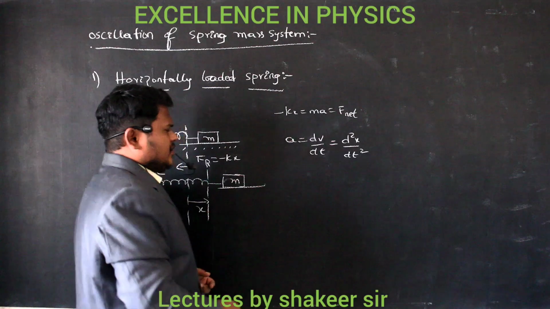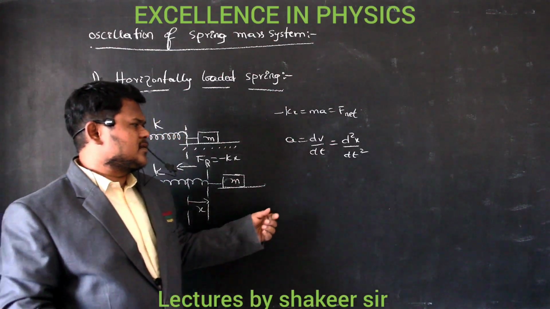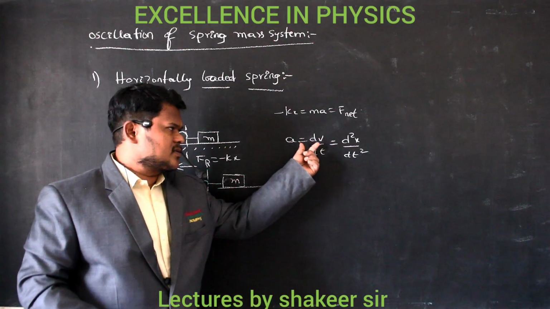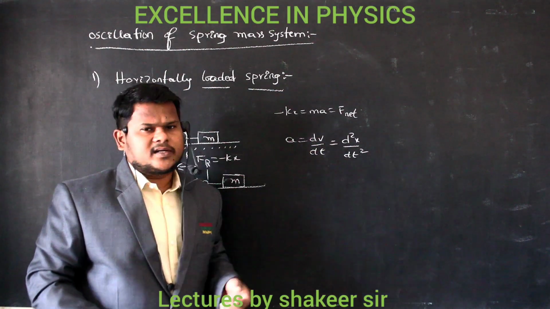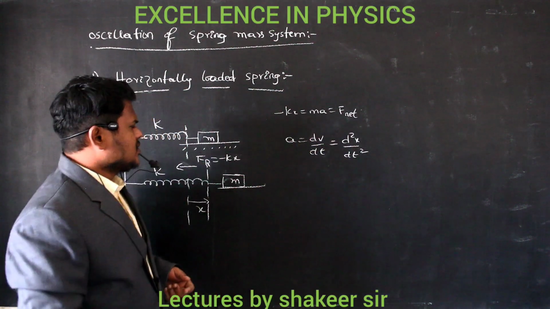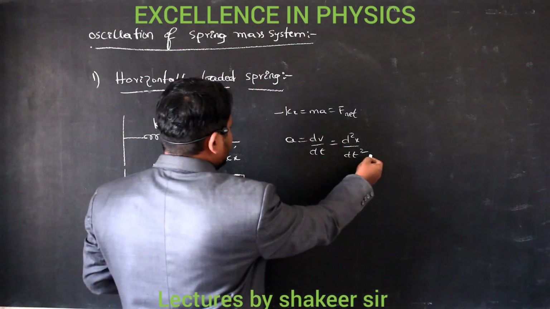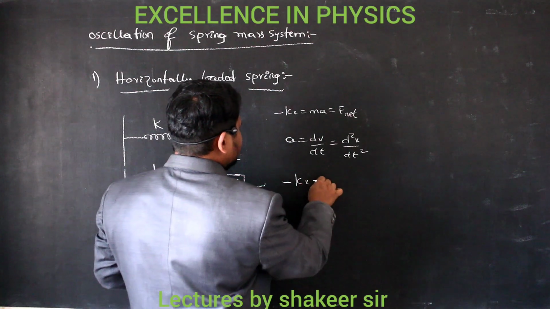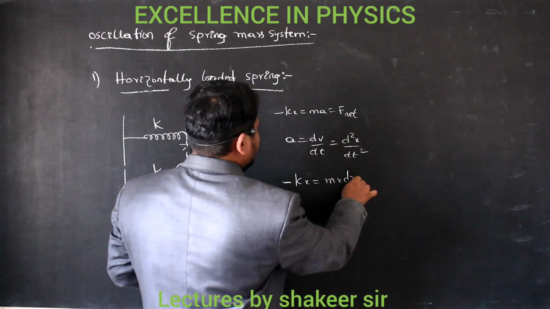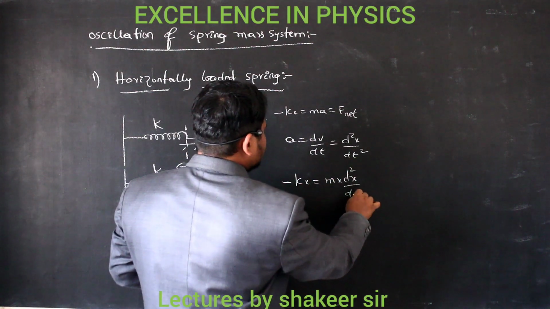If I differentiate displacement with respect to time, it becomes velocity, and the change in velocity with time is called acceleration. So a can be written as d square x by dt square. Substituting in this relation, I can write minus k into x is equal to m into d square x divided by dt square.